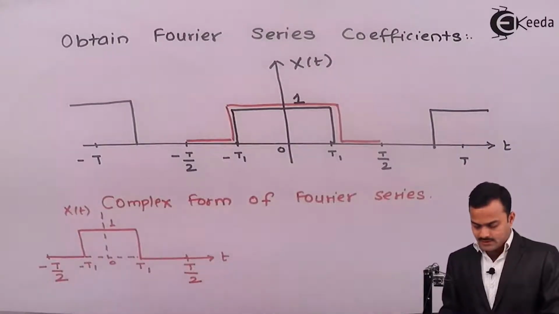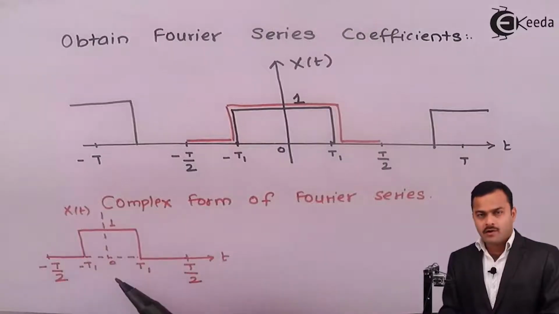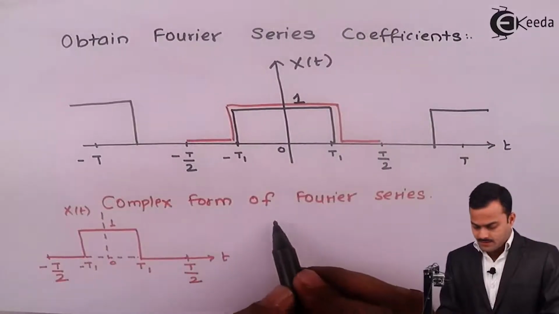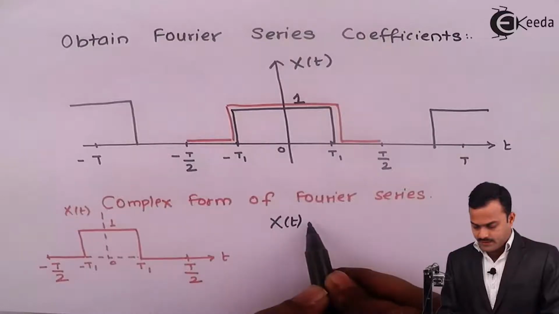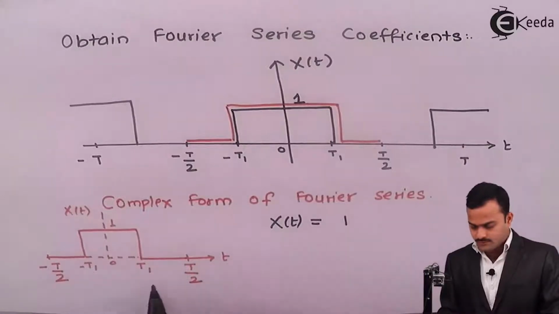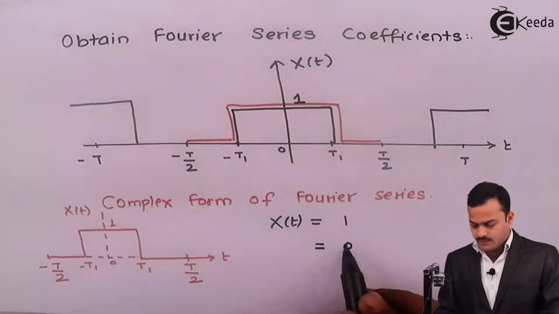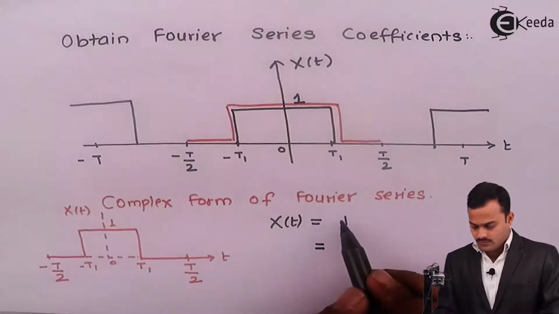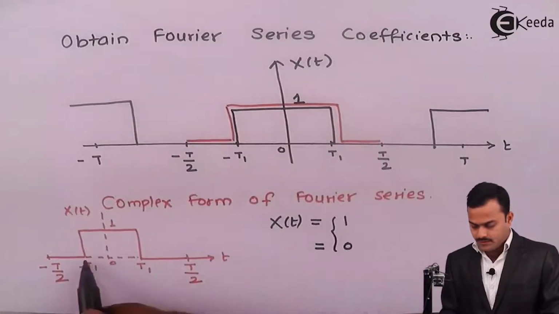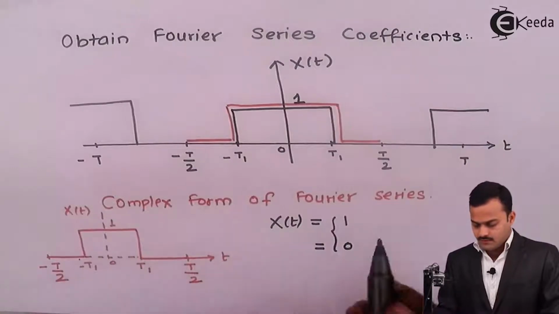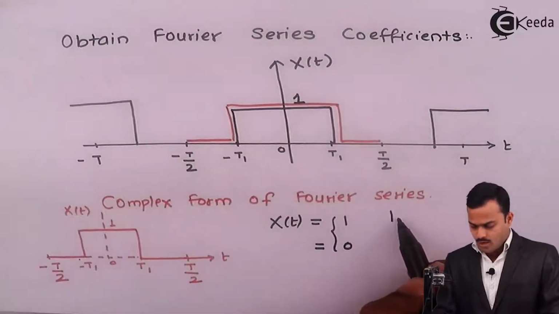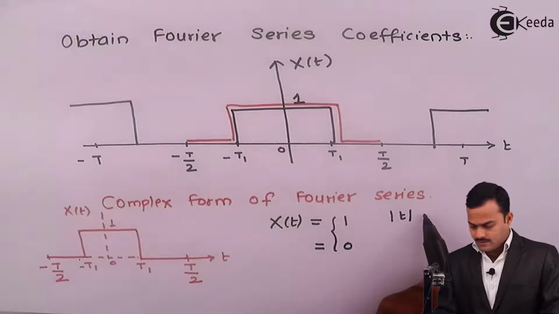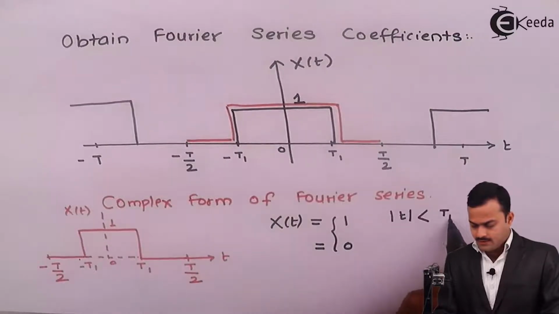So if I consider this symmetric waveform, x of t I can very well write equal to 1 and it is equal to 0. So 1 I am getting in this interval. I can easily say mod t is less than T1.